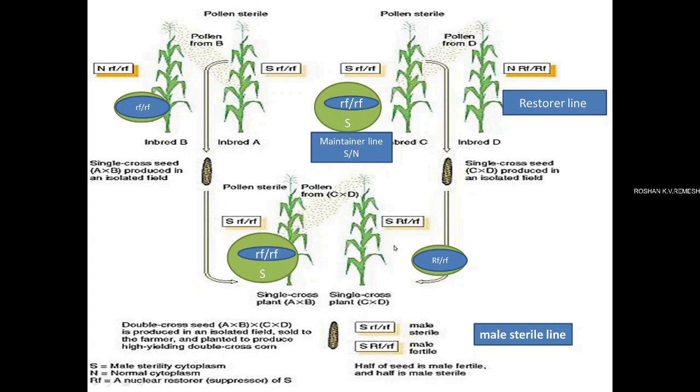That's how we can restore the male sterile plants in the population. That's why the D line is known as the restorer line, and this is the maintainer line. The maintainer line has both of its RF genes homozygous recessive, but its cytoplasmic constitution may be sterile or normal. That's how these lines can maintain male sterile plants in the population.